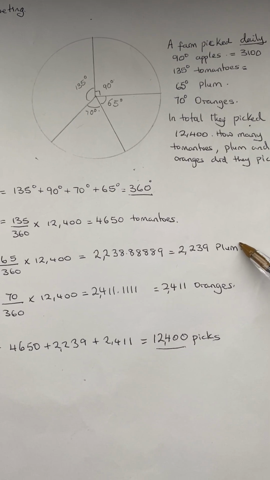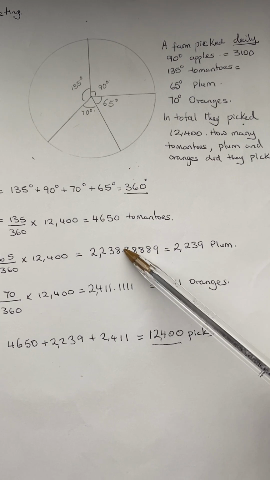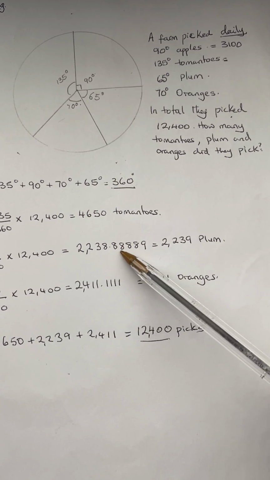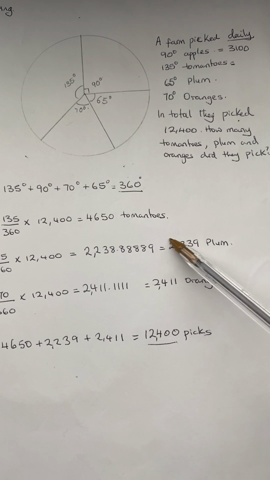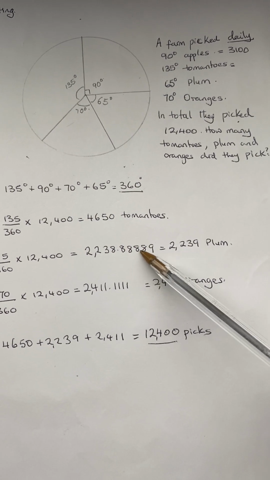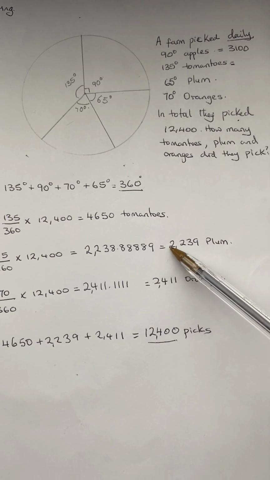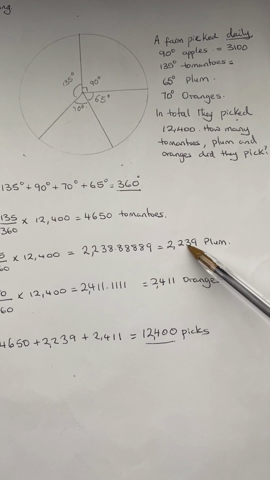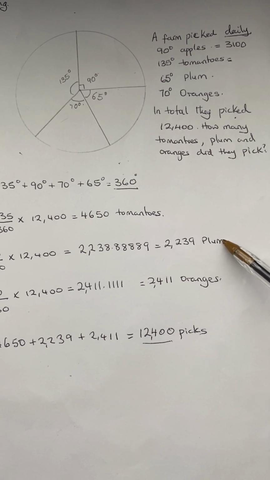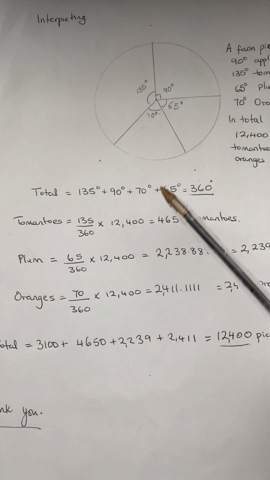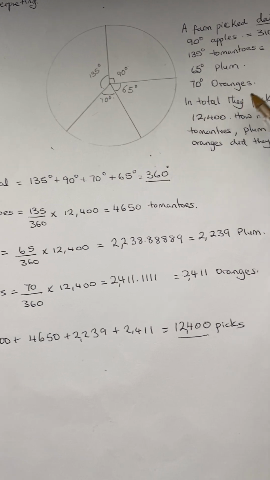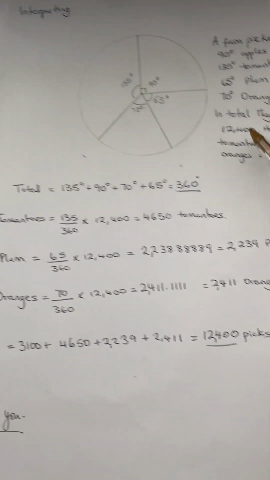But it's a plum. You can't have this fraction. So you need to make it a whole number. So now you have 2239 plums. Okay.